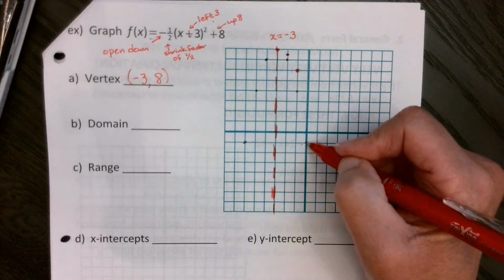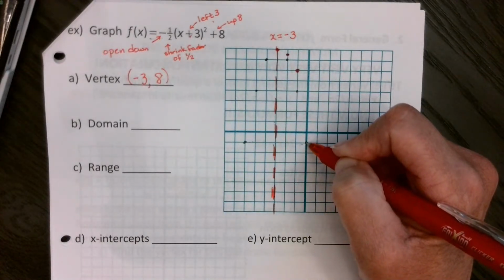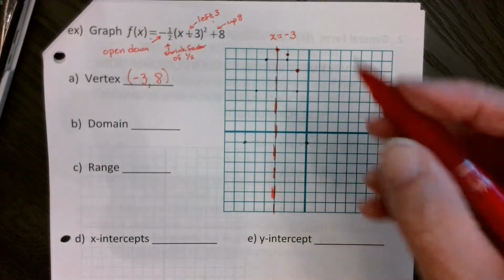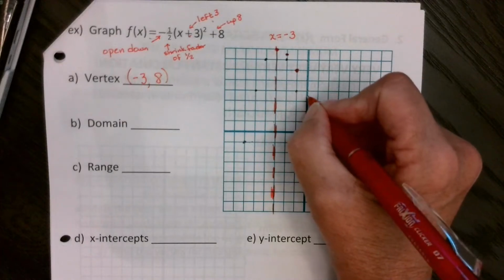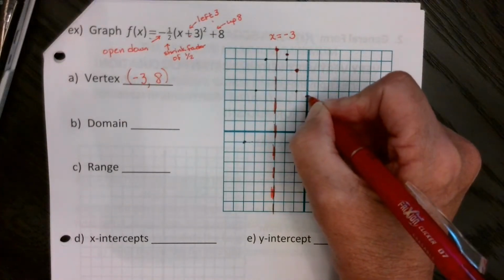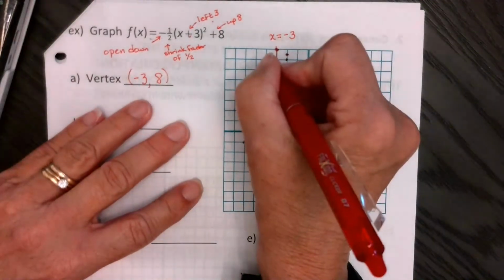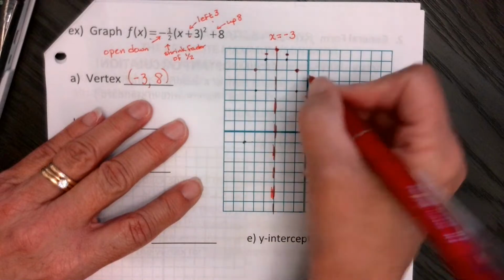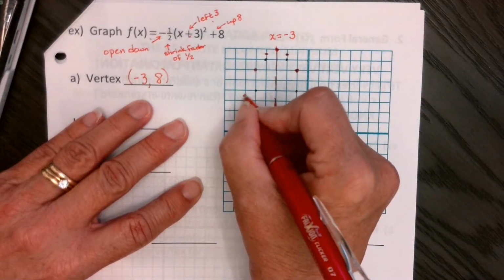Right here, 3 down 9. Half of that would be 4.5. So this would be 1, 2, 3, 4.5 right here. Because these are symmetrical, it's going to be a half this way, 2 this way, and 3 right in here.